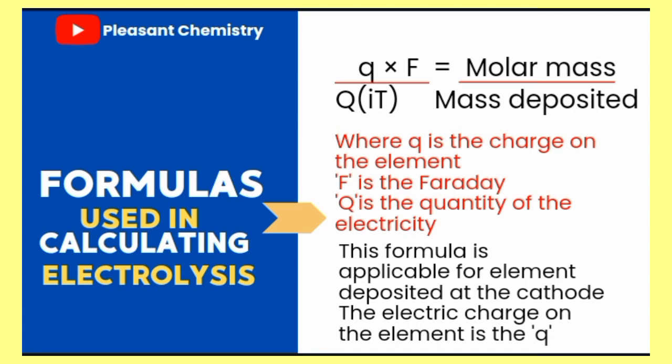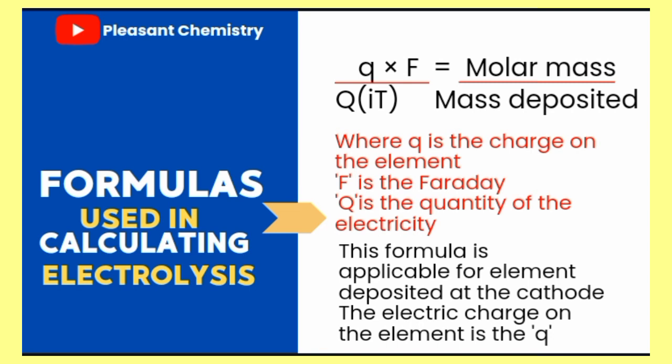Like for cations, the charge on them is the Q. Take for instance, aluminium. The charge on aluminium is 3 plus. So because the charge on aluminium is 3 plus, anytime you want to apply this formula, that Q is now 3 multiplied by the number of Faraday. Now Faraday is just a constant figure, which is 96,500 coulombs.